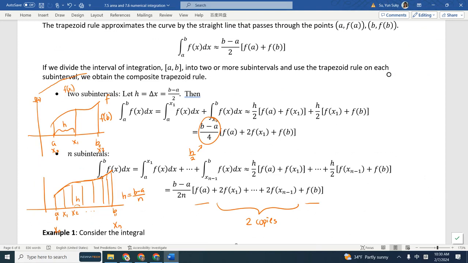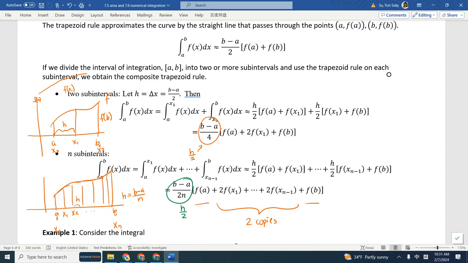Now, next. How about we have n trapezoids? I would say it is better to use the formula H over 2. But then you remember what H is? H is B minus A over n, and you call A to be x0, and then x1, x2, up to xn. Now the height is H. So therefore your trapezoid rule is H over 2 times f of A, 1 copy, f of x1, 2 copies.